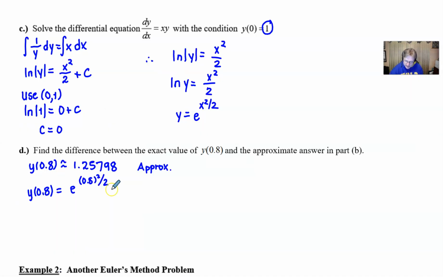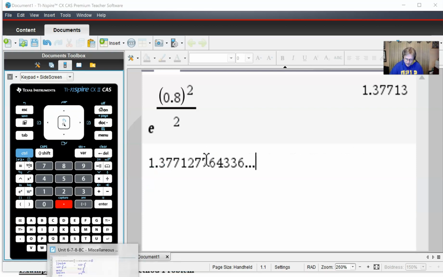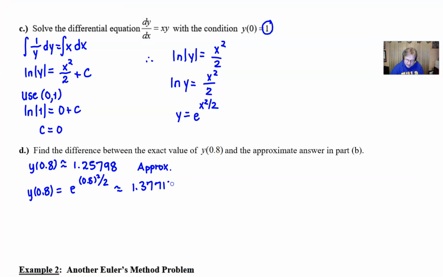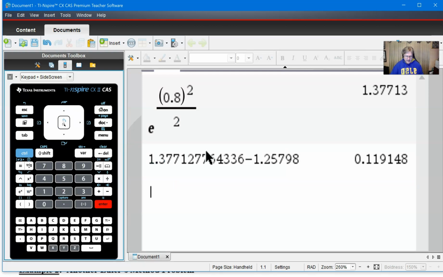1.37713, we're going to call it, but I'm going to have to give it some kind of approximation because I can't carry it out too far. So we'll stop right here. And it says to find the difference between those two. Well, I'll just subtract these two answers, 1.25798 from that, and that would give us approximately 0.119.